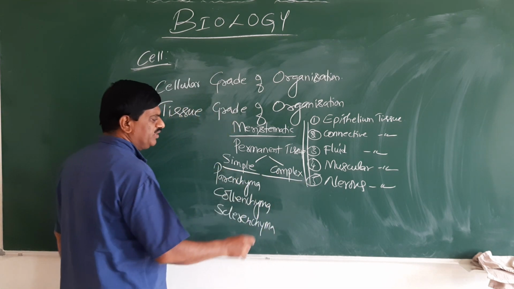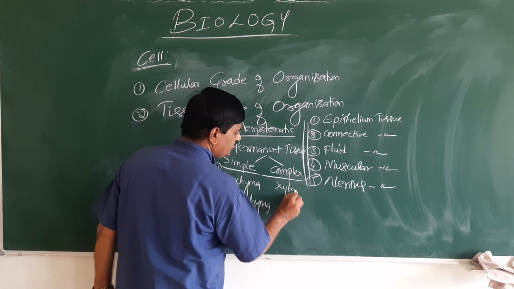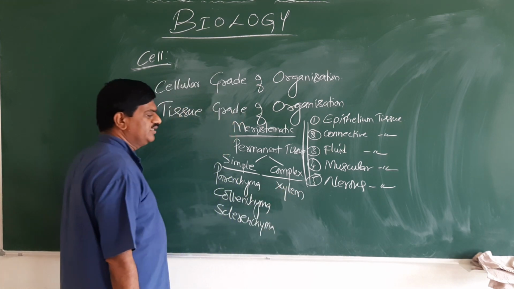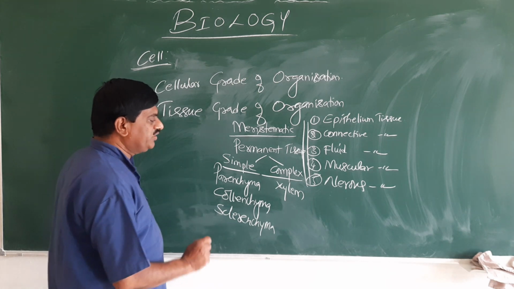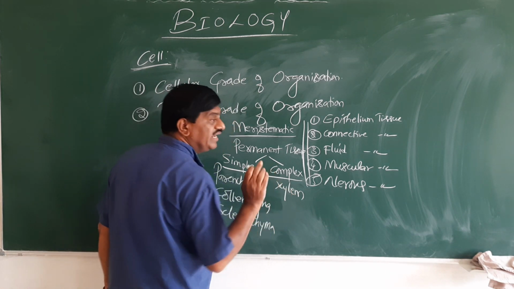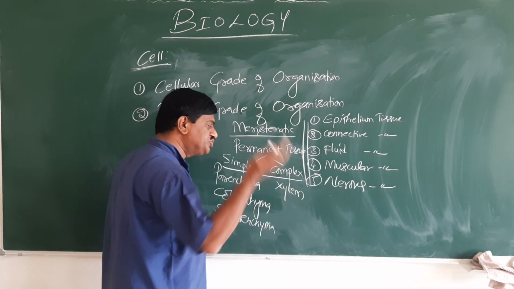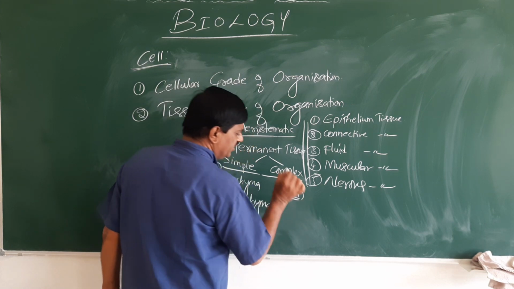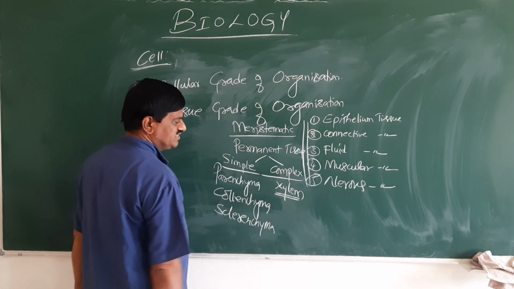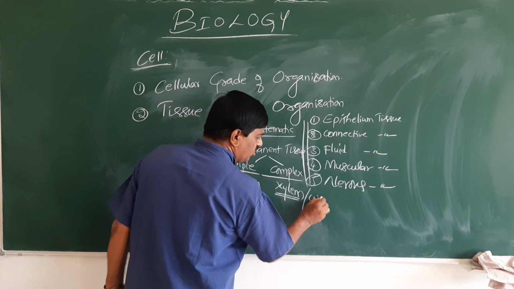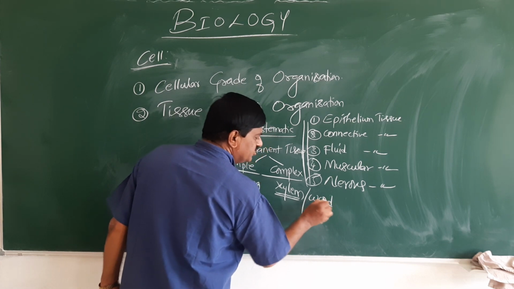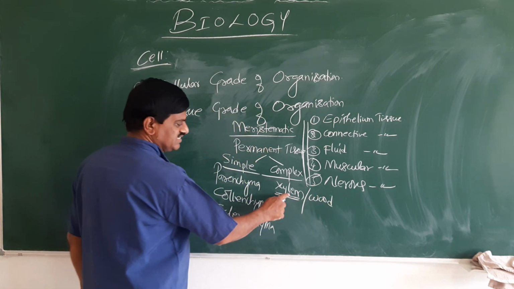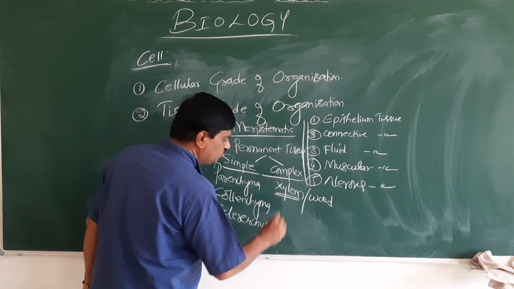Complex permanent tissue includes xylem. You already know about xylem. Xylem is called water conducting tissue, and it conducts water from the root system to the shoot system. Xylem may even be called wood. This you are going to study in further classes.